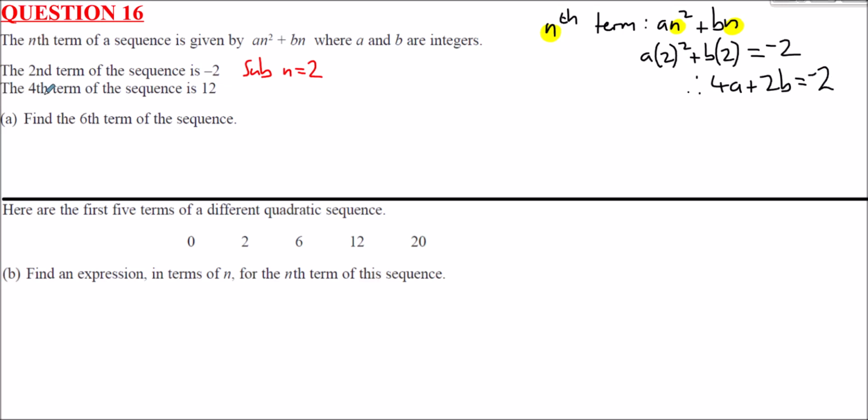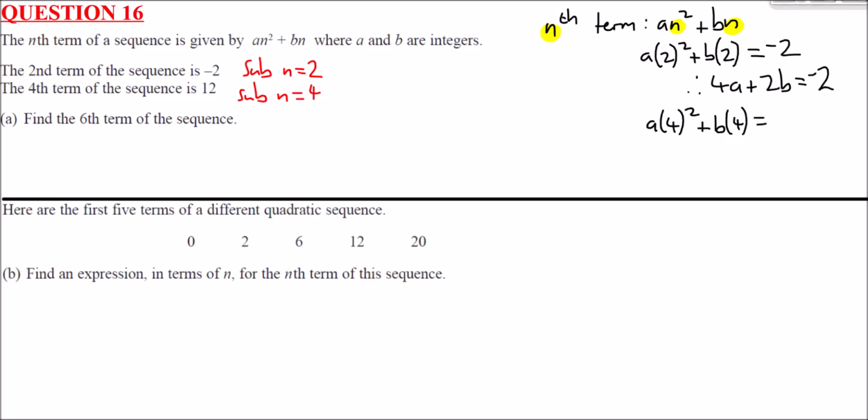Whereas the fourth term is 12, so we can sub in when n is 4. So when n is 4, an squared would be a times 4 squared, and bn means b times 4.